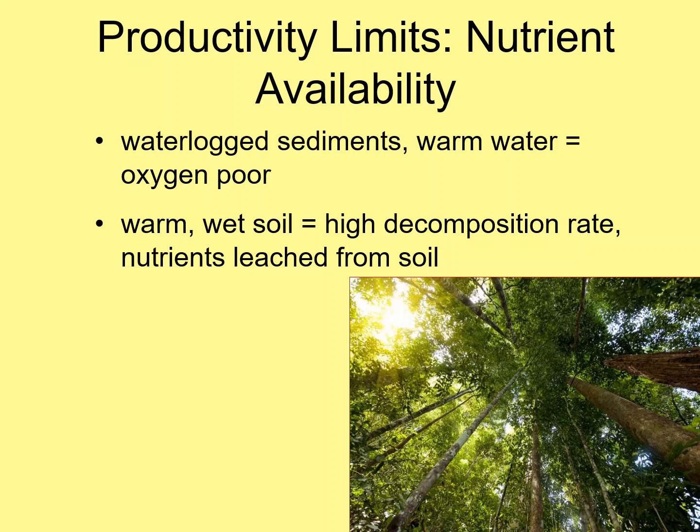So again, this means that your microorganisms that are doing decomposition don't have everything they need, and so anything that is dead organic matter in the soil is going to break down very, very slowly, and so you're not going to have those nutrients available for everybody to use quite as readily. The same generally goes for your Arctic tundra types of environments, although there it's mostly temperature that's the limiting factor.